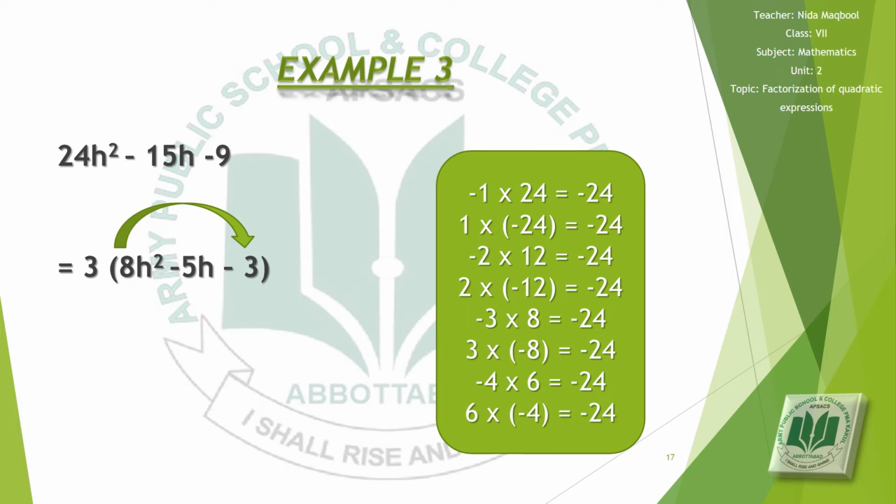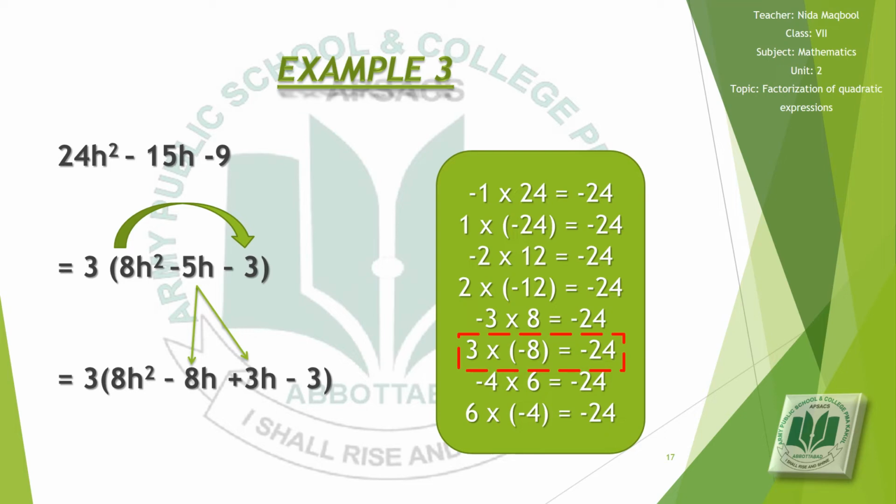Now we will select those factors which when multiplied would give us a product of minus 24 and a sum of minus 5. So I will select 3 and minus 8. As my sum is negative, the larger number should be negative. Now 5h can be expressed as minus 8h plus 3h.